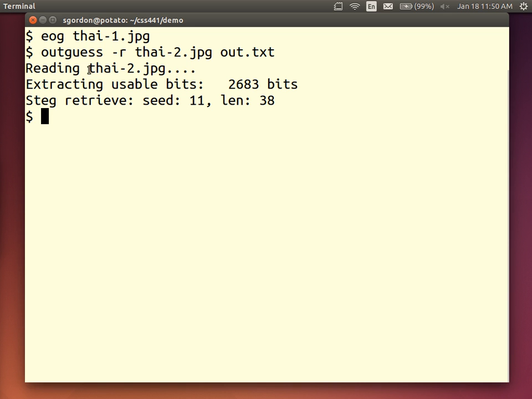What it does is read through the image and extract some bits using the algorithm that was used in the initial step, and that was the message encoded in the original image.